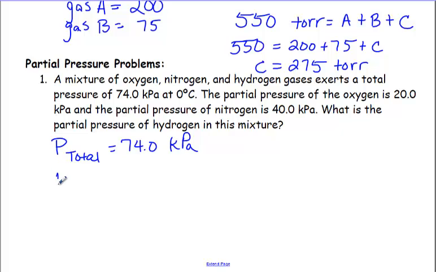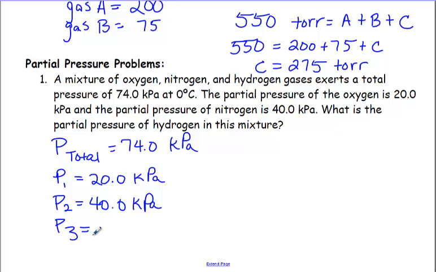The partial pressure of the first gas, the oxygen, is 20. Make sure all of your units are the same. The partial pressure of nitrogen, sorry guys, is 40 kilopascals. Now we need to know the partial pressure of the hydrogen in this mixture, so we'll say that's gas 3.